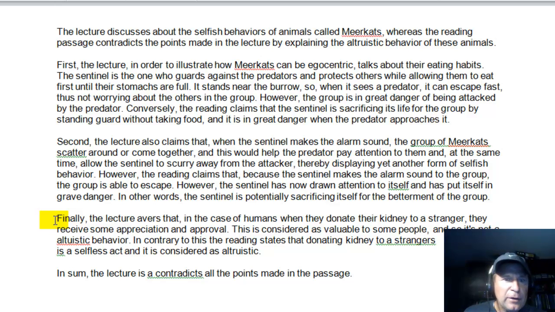We have finally the lecture avers that... this is a tough transition here. So at first you're saying that the lecture and the reading are discussing animals first, but then they transition to people, right?